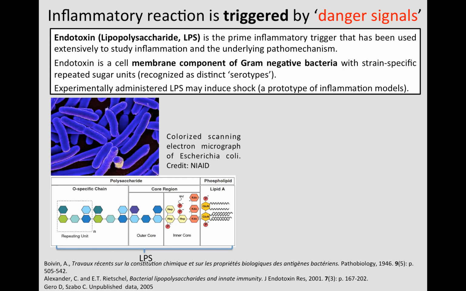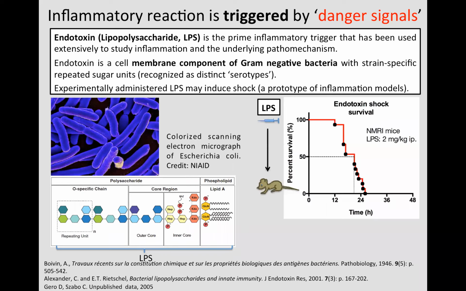And this sugar in the molecule is slightly different in each of these bacteria. So it's specific for certain bacterial strains. These molecules can induce a toxic reaction or actually kill mice very rapidly, within 1 day or 2 days, depending on the concentrations.